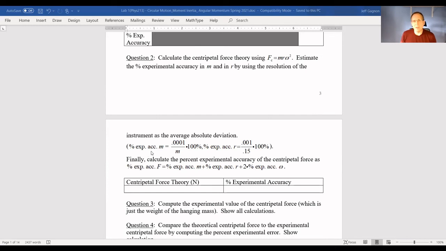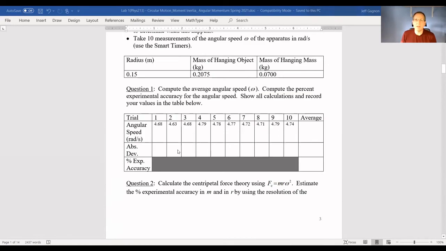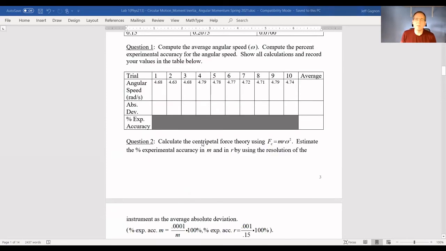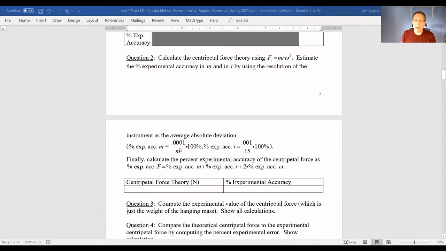So to estimate the percent experimental accuracy for the mass, it's going to be 0.0001 divided by the mass of the hanging object, 0.2075, times 100. The accuracy for the radius is going to be 0.001, that's the accuracy of the instrument, divided by 0.15 times 100.